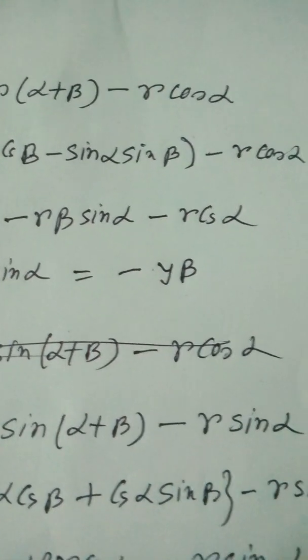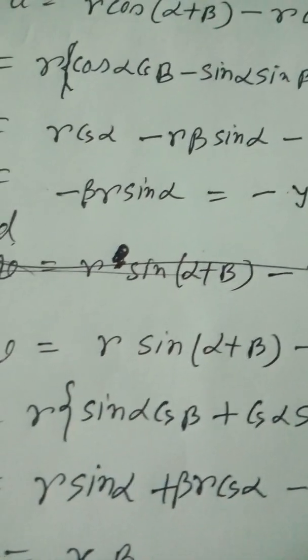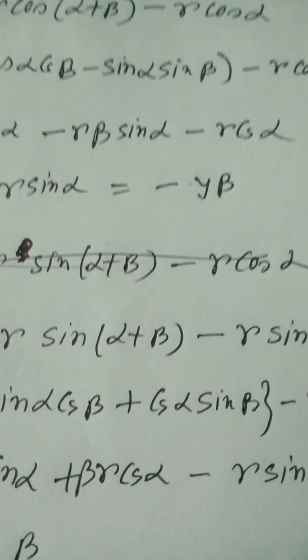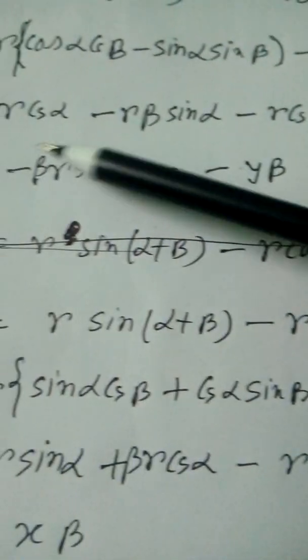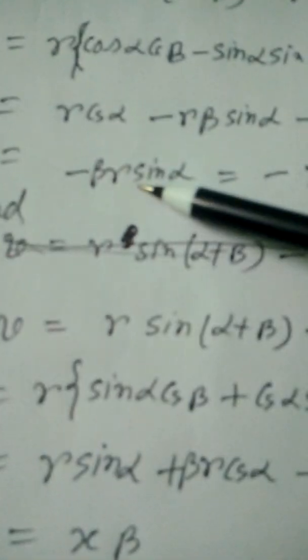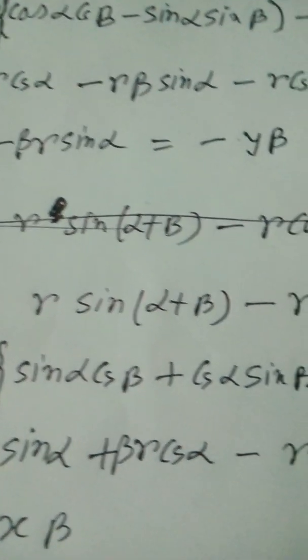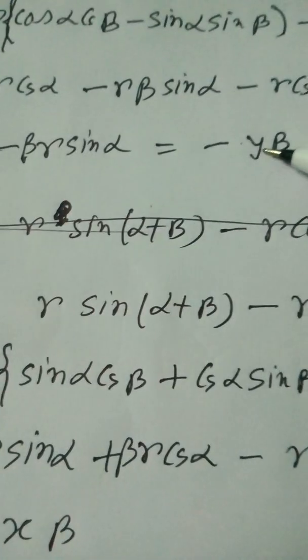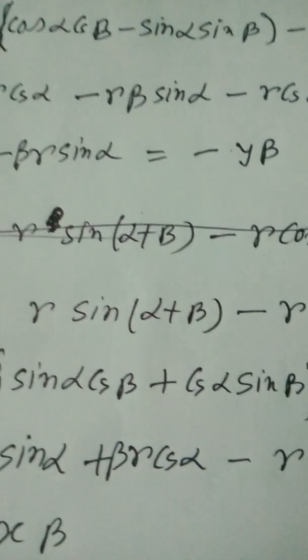You just note down. This cancels with this, so this is beta minus beta r sin alpha. So r sin alpha is equal to y. So minus y beta.